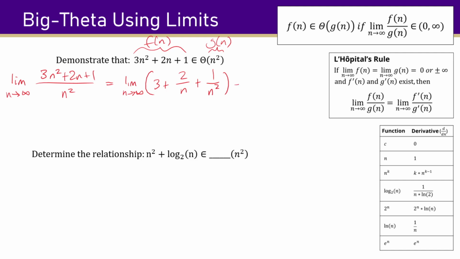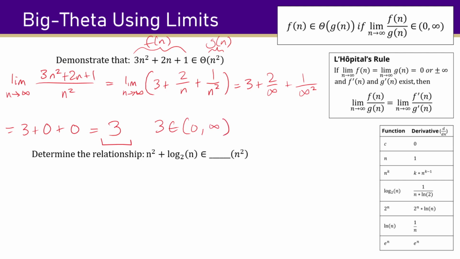So now we can actually substitute infinity in here like so. And of course, that is going to become 3 plus 0 again, like we saw before, which just gives us our final value of 3. And we see that 3 is in the range between 0 and infinity, both exclusive.